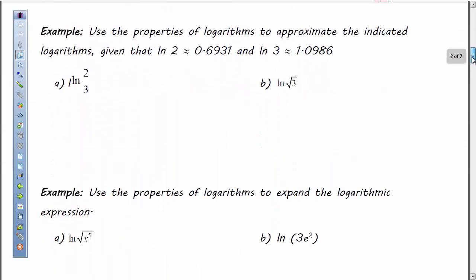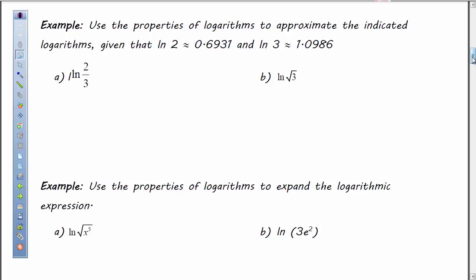Use the properties of logarithms to approximate the indicated logarithms, given that natural log of 2 equals 0.6931 and natural log of 3 equals 1.0986. So we're just going to do natural log of 2/3.